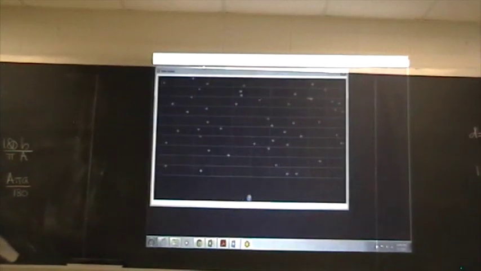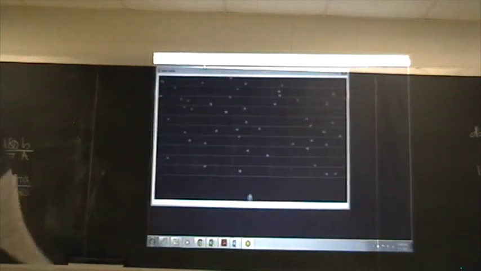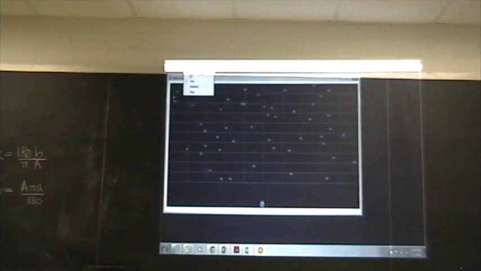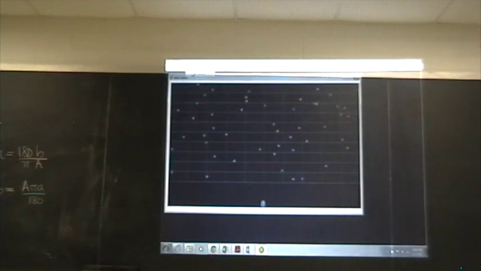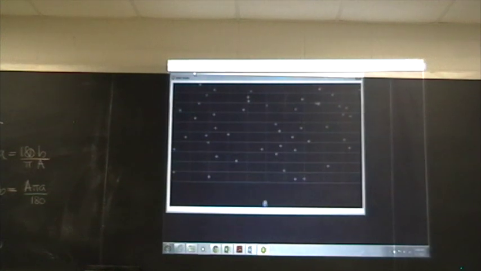To figure out your field of view, what you need to do is determine how long it's taking these stars to move across the sky. Let me stop the telescope or track with the stars. And here's what you want to do.